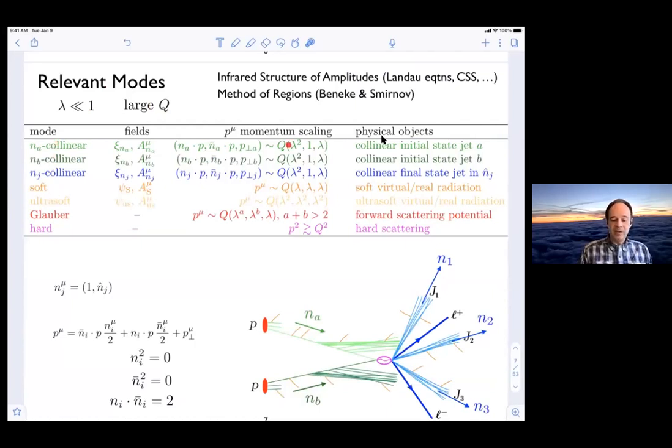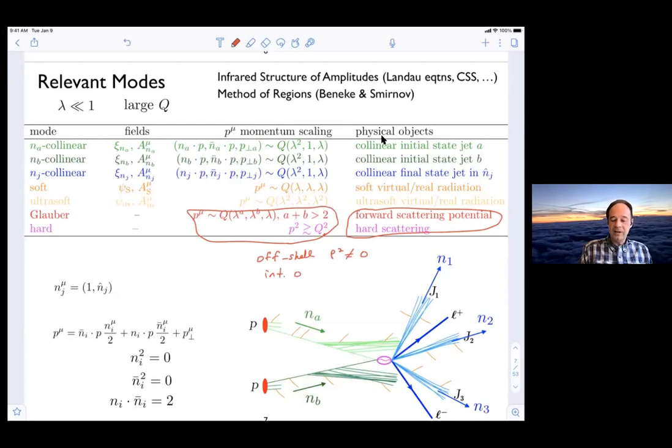There are fields for all these things. They have particular momentum scalings that we already talked about, but there are no fields in the EFT for these Glauber and hard modes. And the reason is that these processes and these momenta scalings here are off-shell. They're not on-shell processes, they're off-shell processes. So p squared is never close to 0. And so the way that those are treated in the EFT is that we integrate them out.